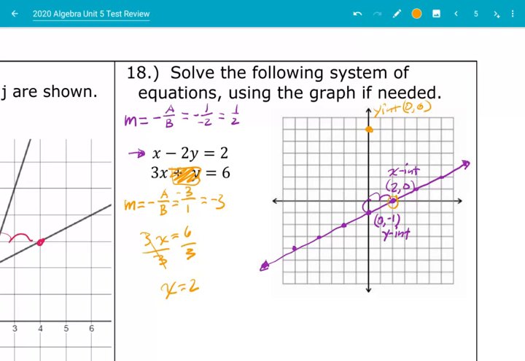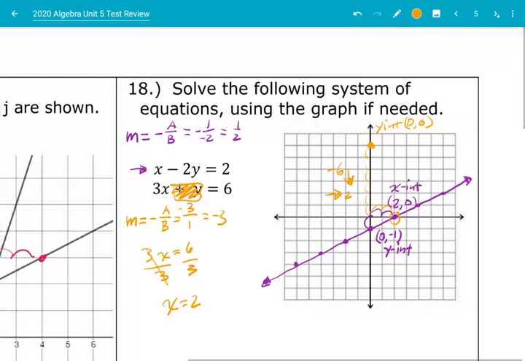So here's a fancy trick. Let's just go 1, 2, 3, 4, 5, 6. We went down 6, so it's negative 6, and then over 2. So this slope is negative 6 over 2, which is a negative 3.